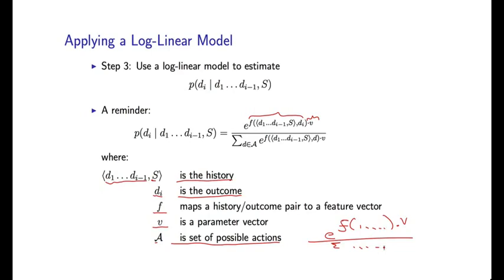So let's think a little bit more about this feature vector. It could potentially look at any information in the history in combination with the decision outcome at this point. Remember, the history consists of a sentence and a sequence of i-1 decisions. This, in fact, is going to correspond to some partially built structure. Okay, so we may have some structure like this, maybe with some starts and various other pieces of structure.